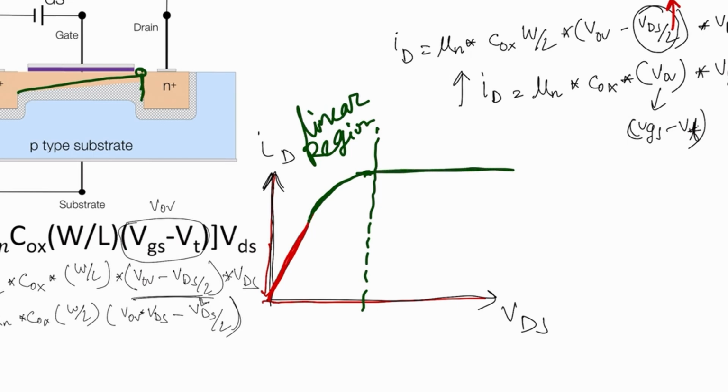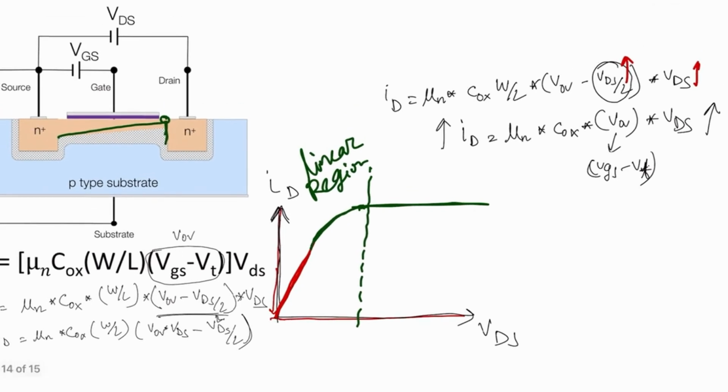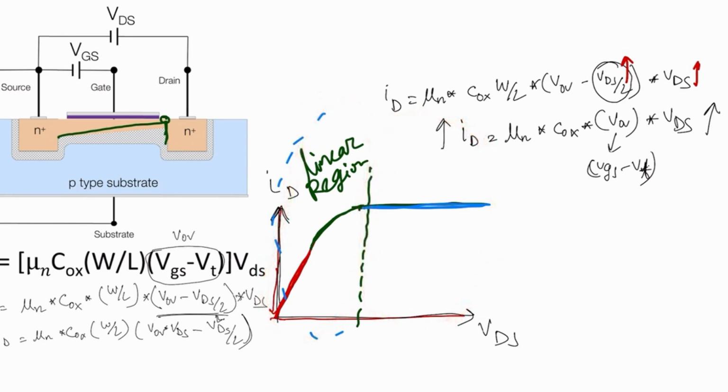Okay, you understand the concept? So this part is the linear region, and this part is the saturation region.